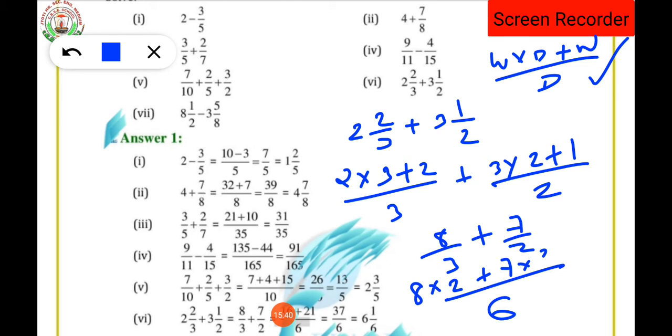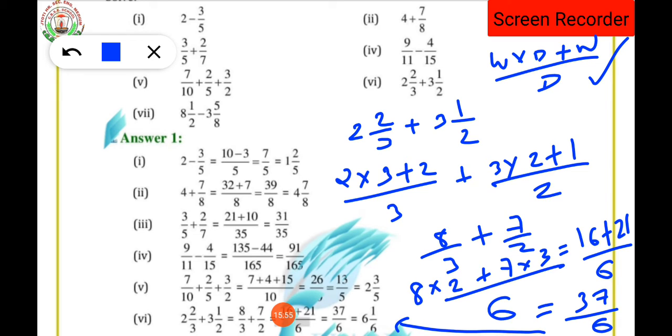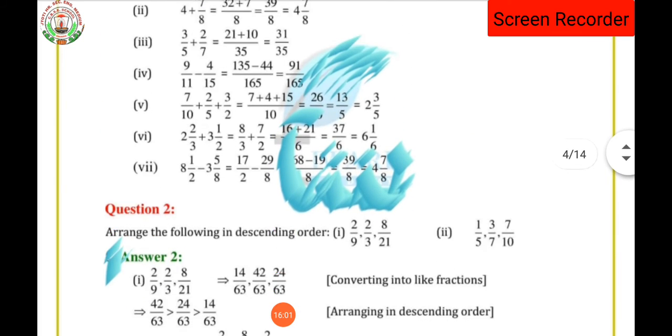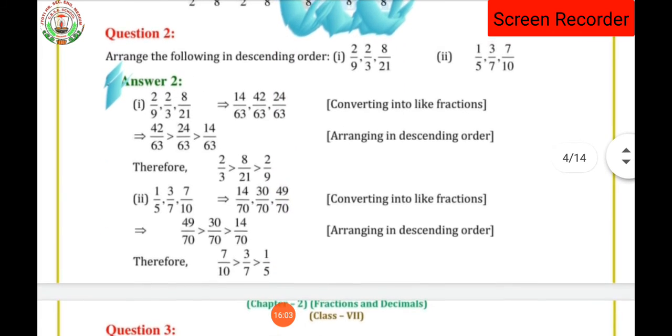Now here 8 2s is 16 plus 7 3s is 21 upon 6. 16 plus 21 will be how much? 37 upon 6, which we change into mixed fraction form. It will become 6 1 by 6. Clear up to here? So in this way we can solve question number 1.